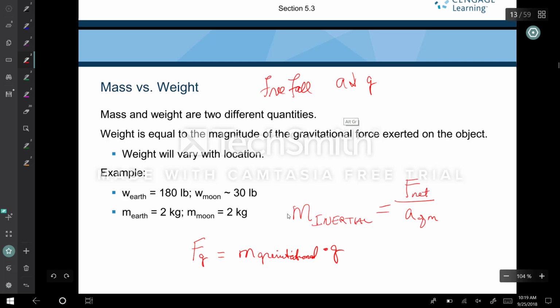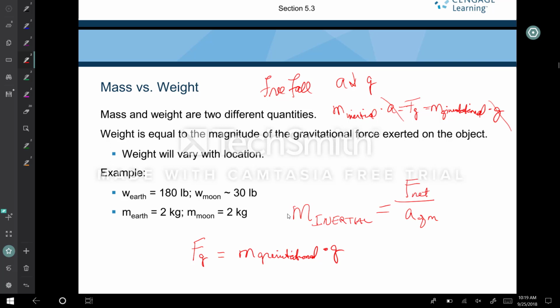So what that means is mass inertial times a is the force of gravity, which is m gravitational times g. So if bodies accelerate down at a rate of g in free fall, what does that say about those 2 entirely different masses?